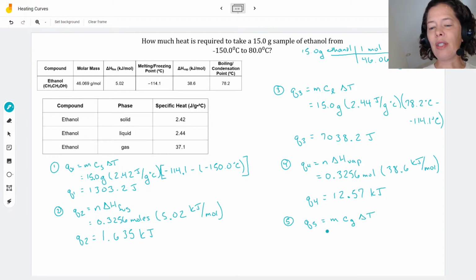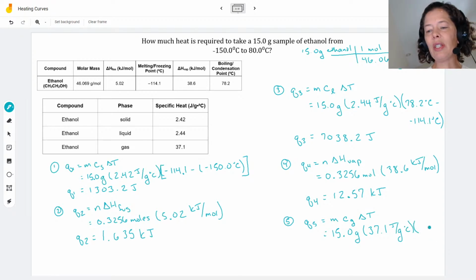And I'm going to have delta T. So this is my 15 gram sample, my specific heat, grams times degrees C, and my delta T. So I am going to end here at 80 degrees C because that's what my problem told me to do, to end at 80.